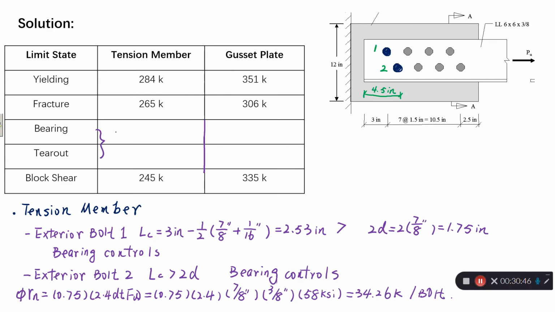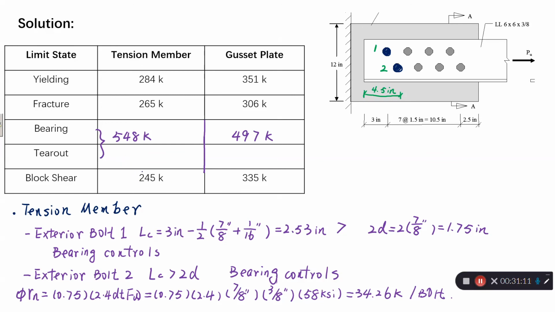For the tension member it is 548 and the gusset plate 497. Okay, so it seems like bearing and tear out will not be controlling.